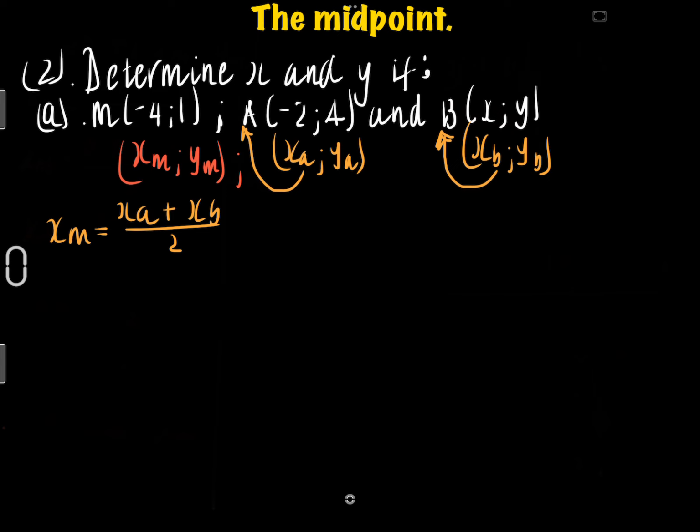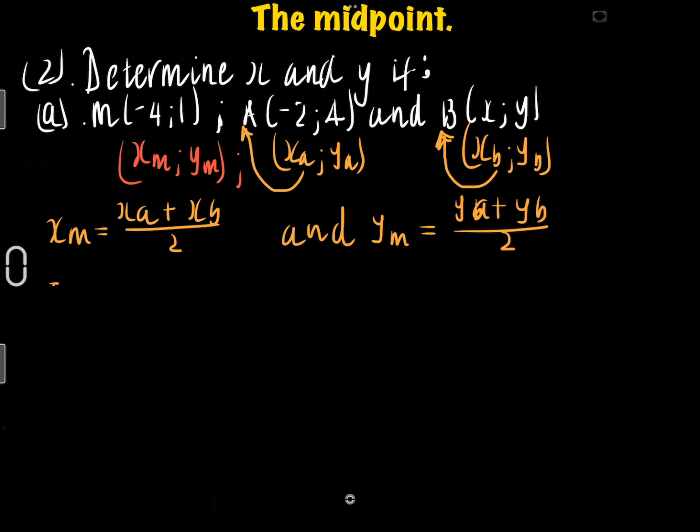So now to move forward, we actually can take this simultaneously. In fact, we can simply say ym is equal to ya plus yb, okay, divided by 2. Okay, xm is already given. Remember, xm is already given there.